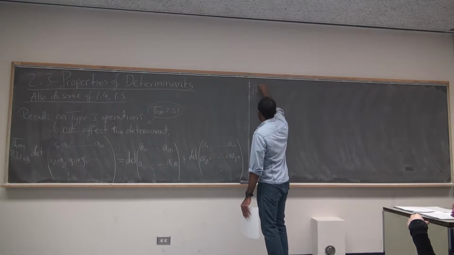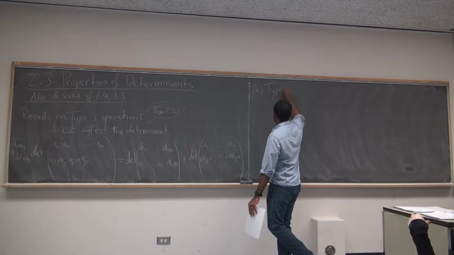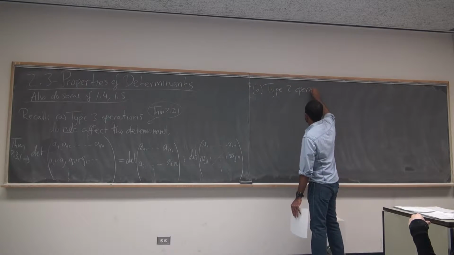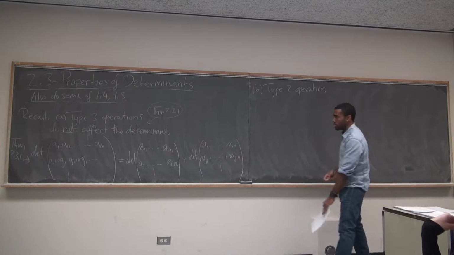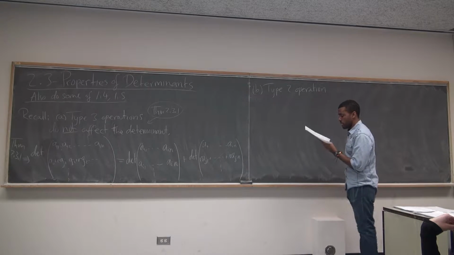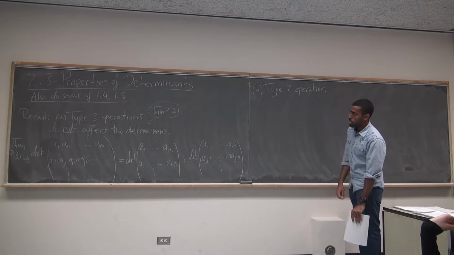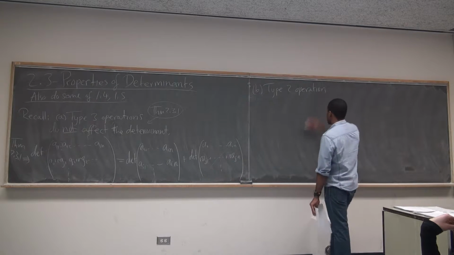We also remember type 2. I didn't give a full argument, I just started giving you the idea. I don't want to actually spend time proving some of these properties. We'll do some proofs later.